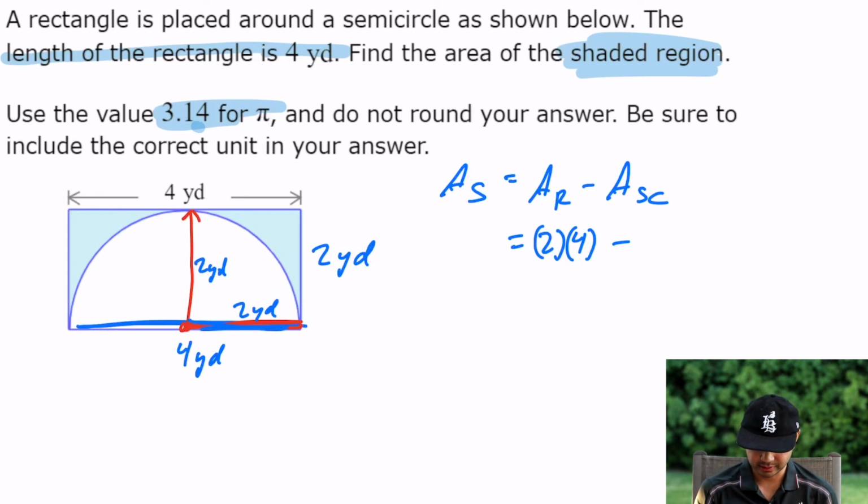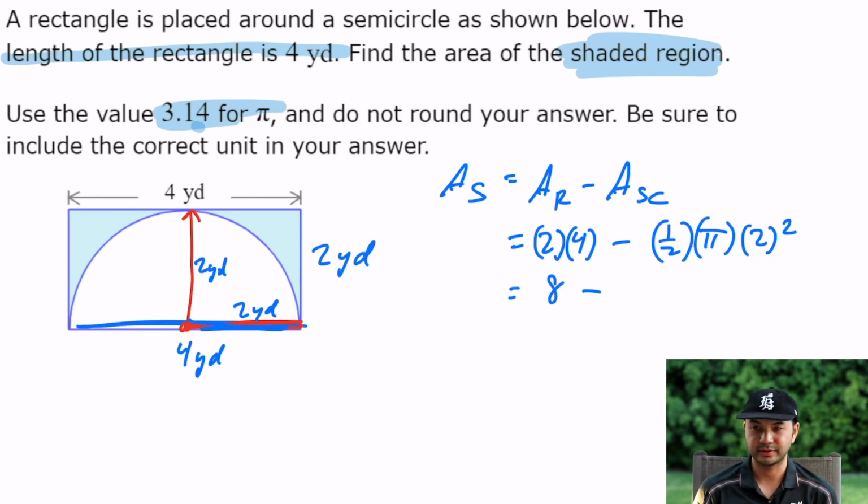So area of the semicircle is 1/2 times pi times the radius, which is 2 squared. So we have 8 minus, and then we multiply 2 times 2 first. That's 4. Half of 4 is 2, so 2 times pi is 3.14.